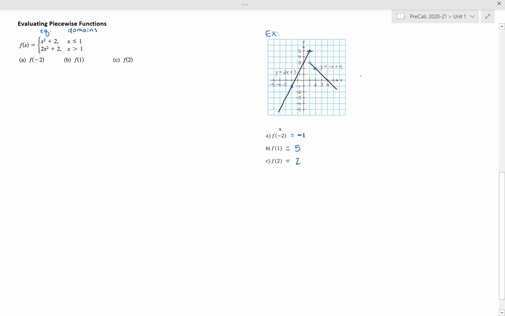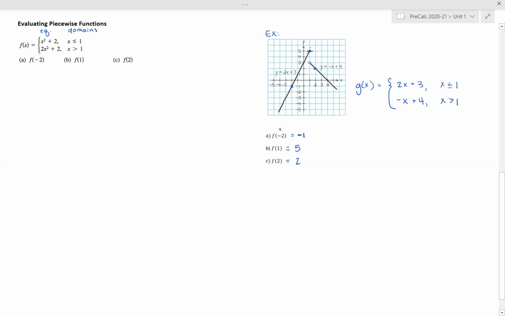And then it has the equation 2x squared plus 2 only when x is greater than 1. If I were to look back at this first example that we played with, let me use g of x actually. I would say that g of x would be 2x plus 3 only when x is less than or equal to 1. And it would be negative x plus 4 only when x is greater than 1.